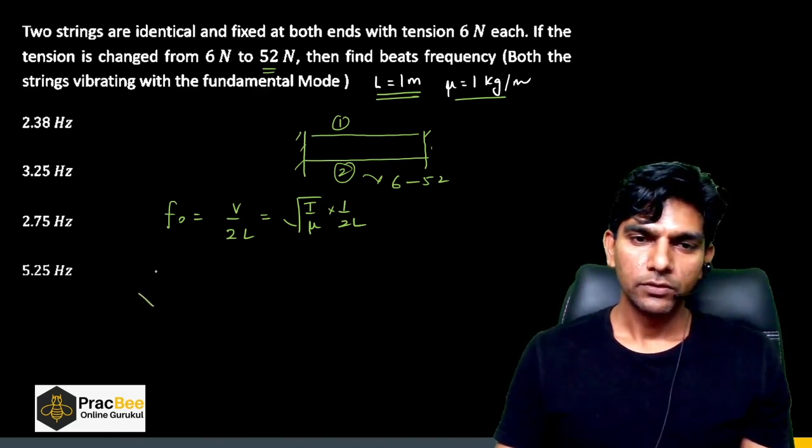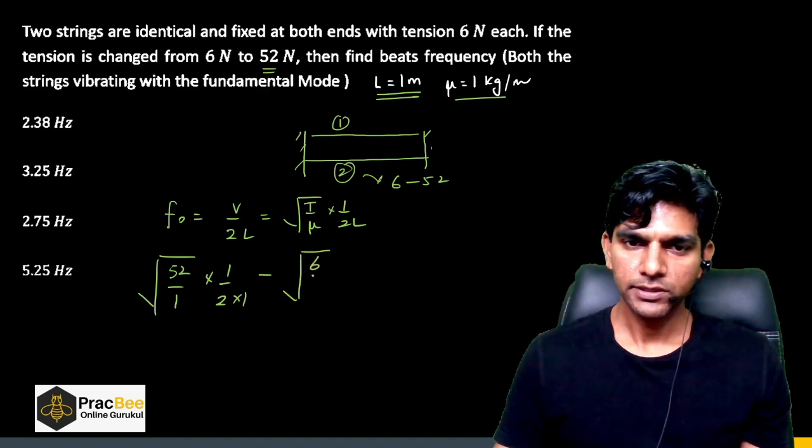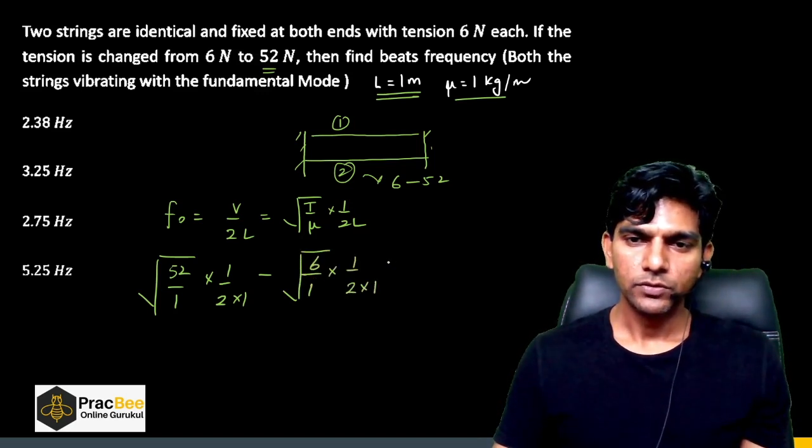So we can say root 52 by 1 times 1 by 2 times 1 minus root 6 by 1 times 1 by 2 times 1. So that will be the beat frequency, right?